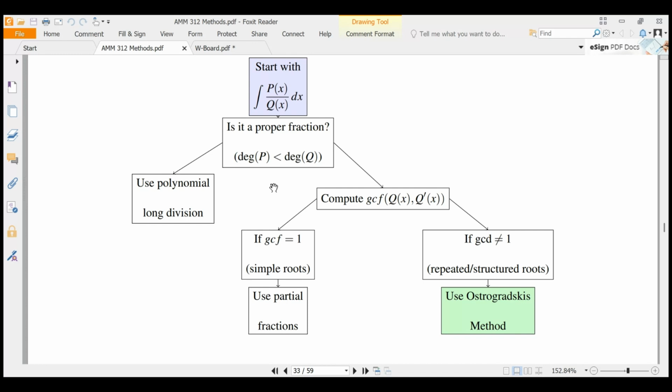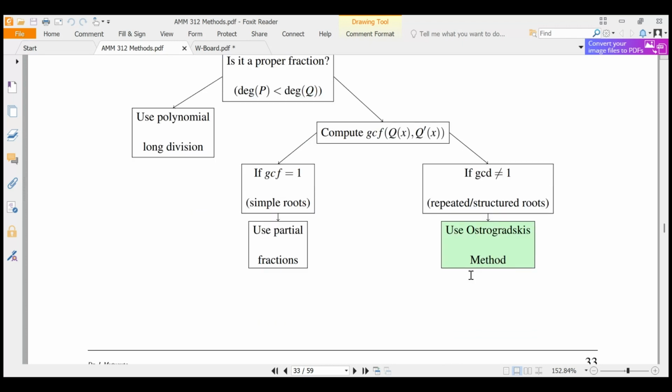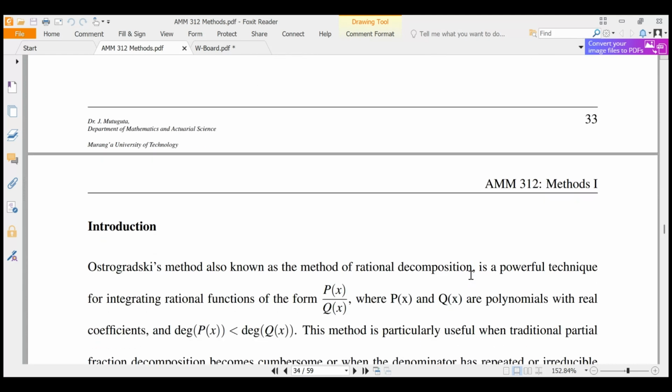If it is satisfied, then we differentiate q of x and find the greatest common factor between q of x and q prime. If the greatest common factor is 1, then we use partial fractions. If it is different from 1, then that's when we use Ostrogradski's method.